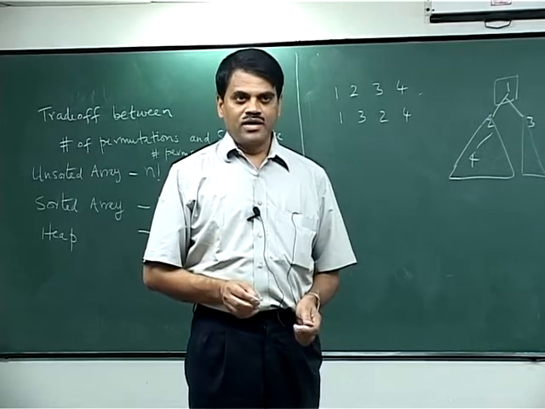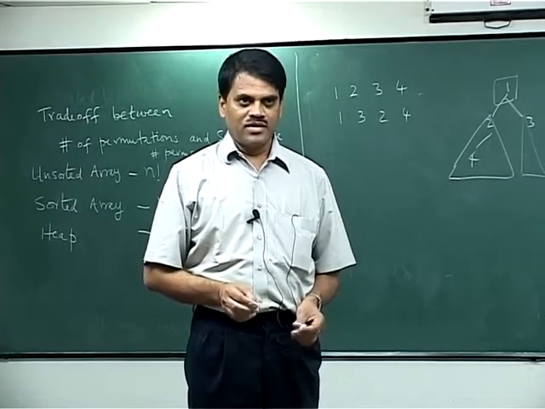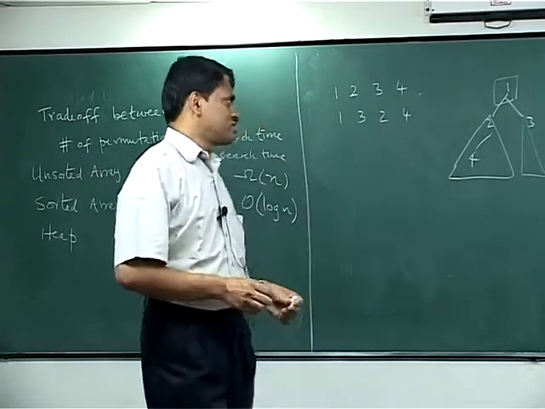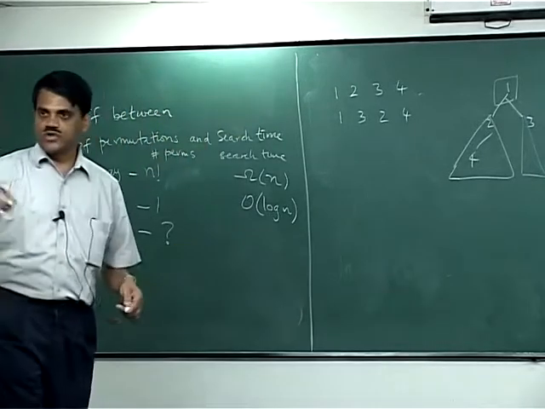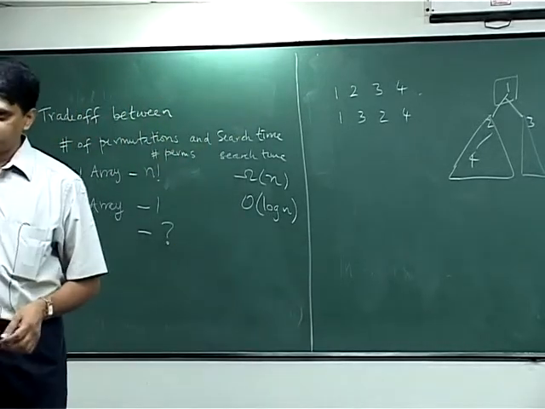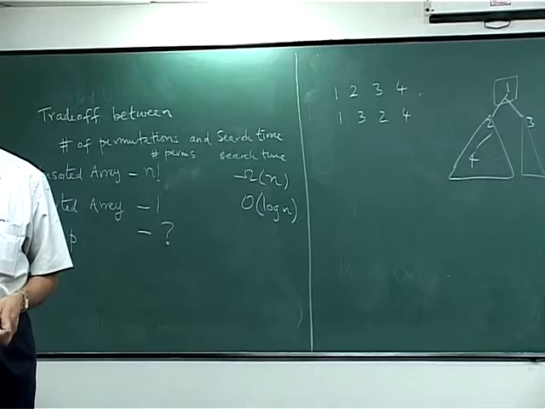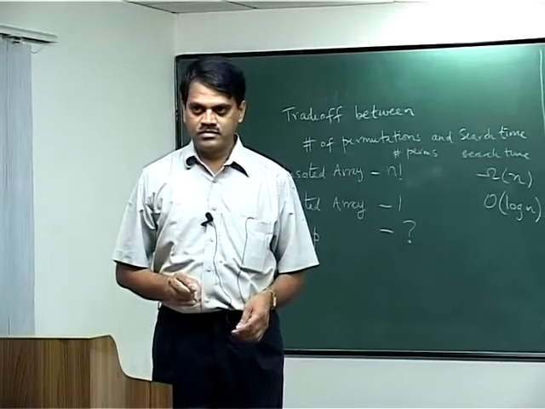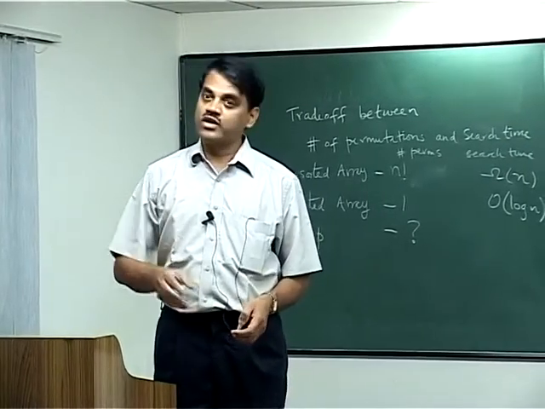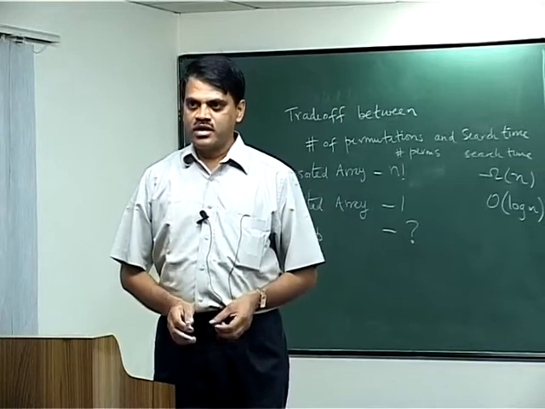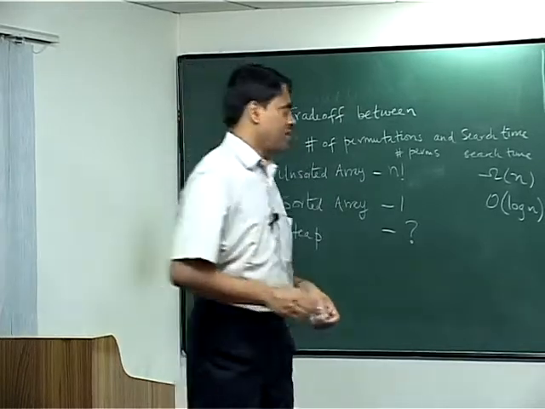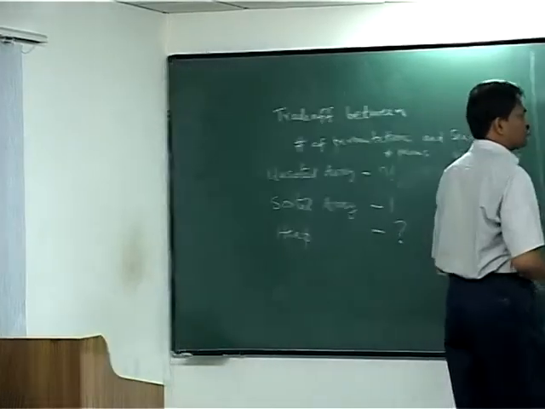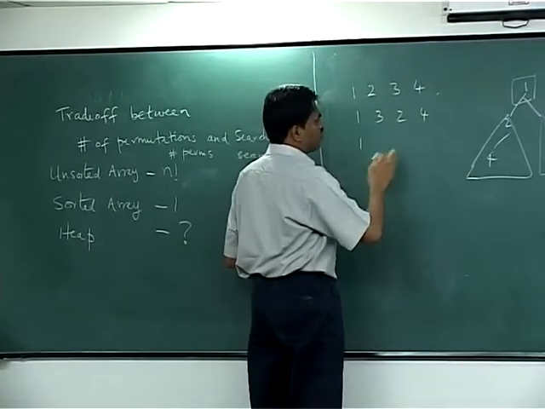There are more choices. So, what were you saying? 4 can be there at the right node of 1. Yes, exactly. So, we do have one more choice even here for 4 elements. Good point.